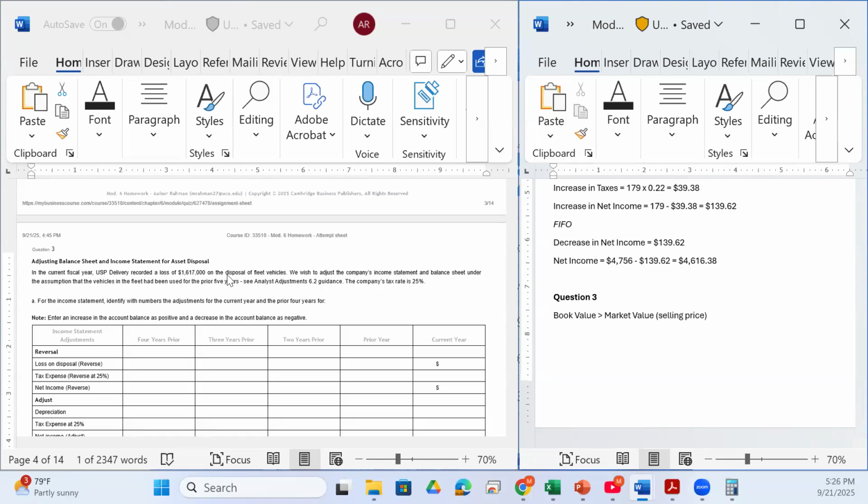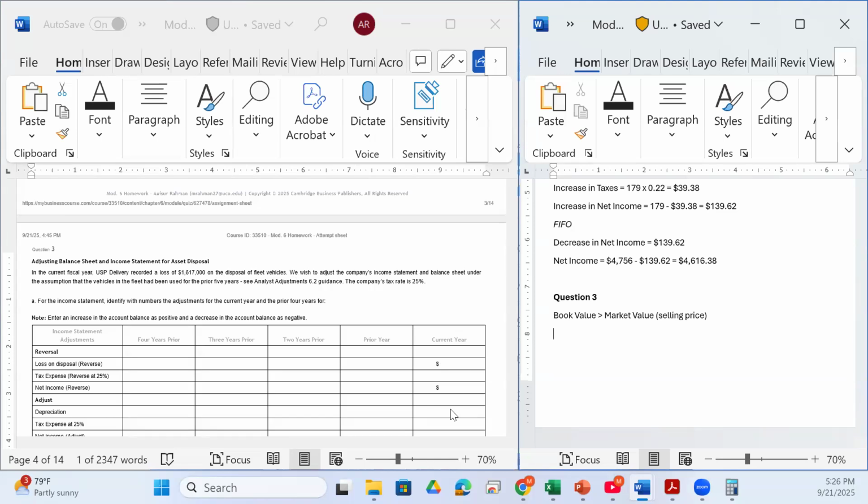That is why you want to represent this amount in a way that doesn't affect the current year income or loss inappropriately.